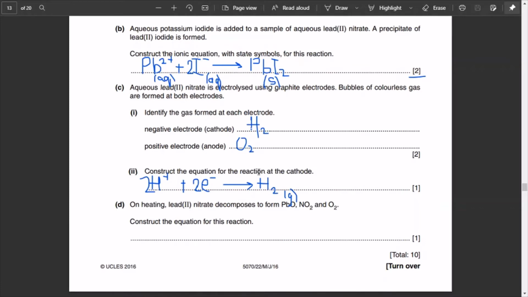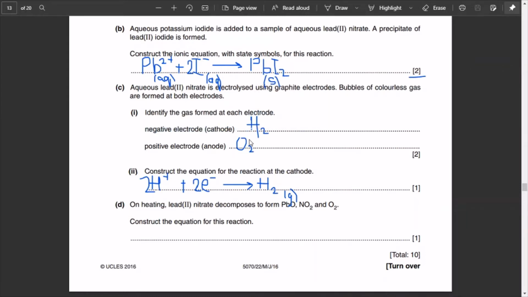This is the equation. Always remember, when we're talking about lead(II) nitrate, you need to remember the whole reactivity series, and according to it, we are supposed to identify which gas will be released at which electrode. Here, because we have a hint that both are colorless gases, we can easily identify them as hydrogen and oxygen.